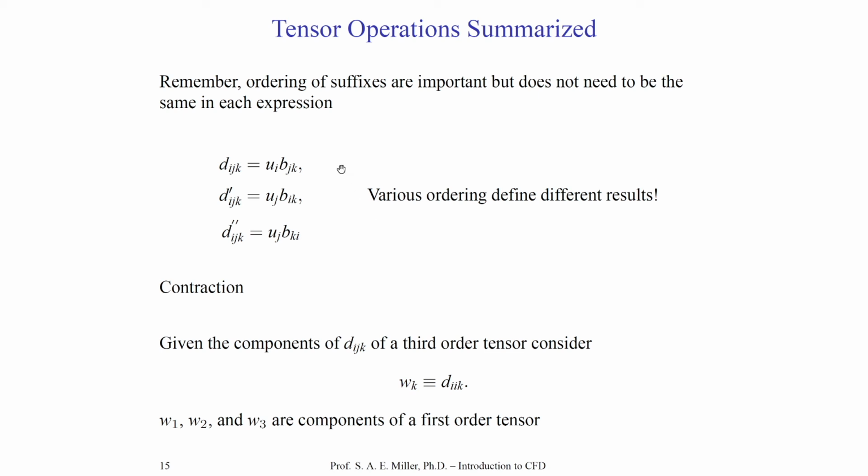In this case, we have the same three variables, d, u, and b, and we have subscripts which are essentially the same, i, j, k. The only changes are their orders in these three particular terms. Can you try and figure out what these mathematical operations are?